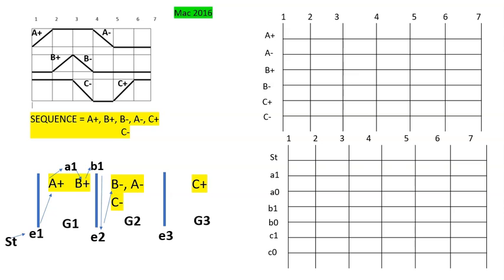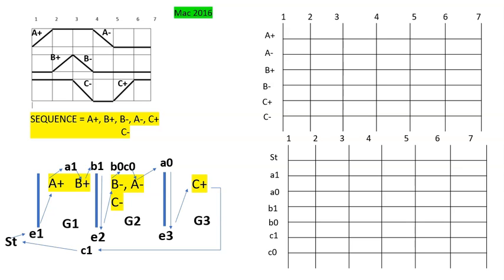So the locations are going to be B naught, C naught. And going to A minus, which will go to A naught, and going down to E3, C plus, and go to C1 and back to ST. So we have completed the logic function.